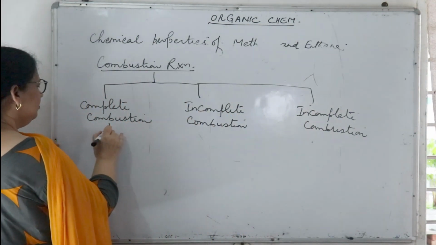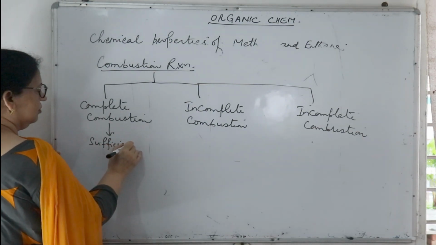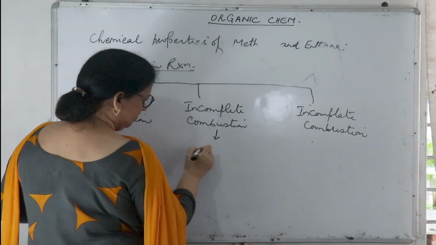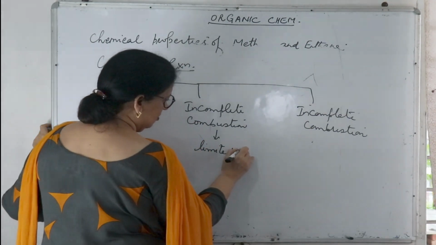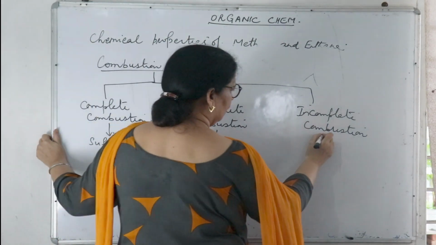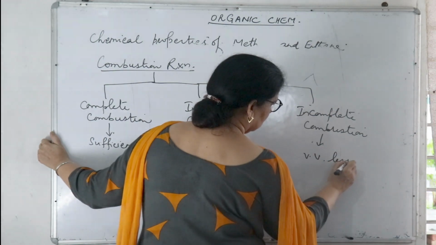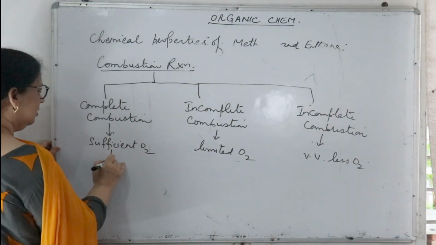Complete combustion takes place in sufficient oxygen, and incomplete combustion takes place in limited oxygen, and this other incomplete combustion takes place in very little oxygen, and the products are different.